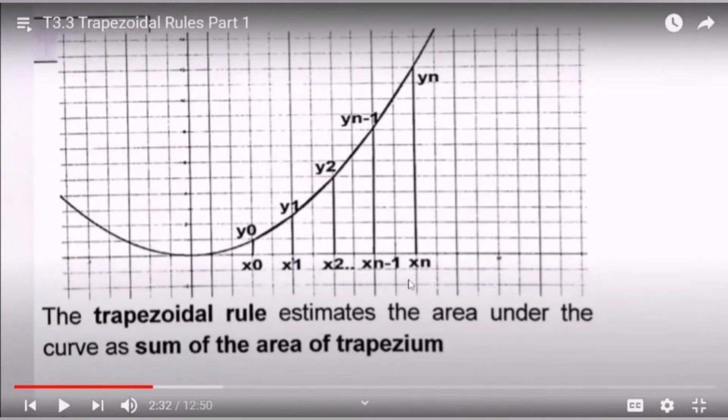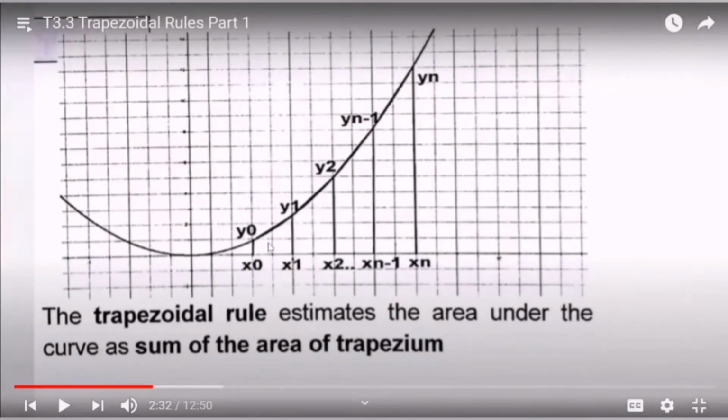n adalah strip. Nampak tak? Daripada x(n minus 1) hingga ke xn, ini panggil satu strip. Ini pun panggil satu strip, ini pun panggil satu strip, ini pun panggil satu strip. So kenapa kita guna xn minus x0 divide by n?